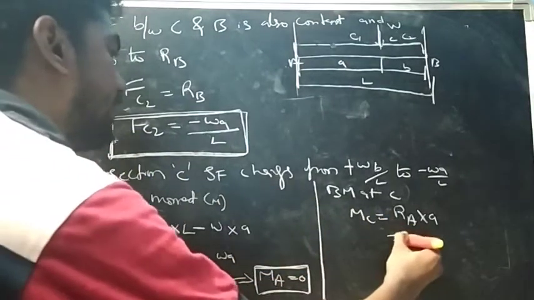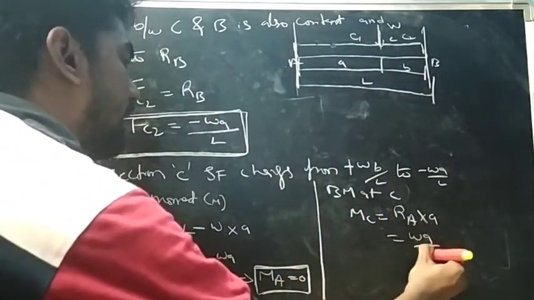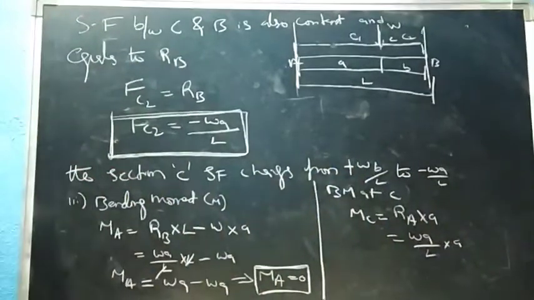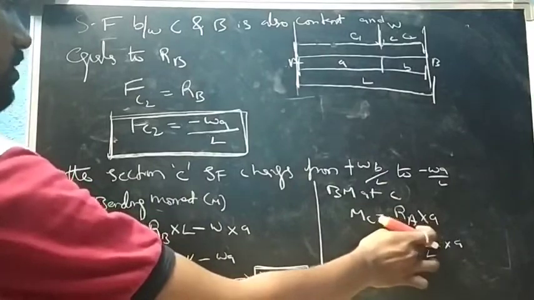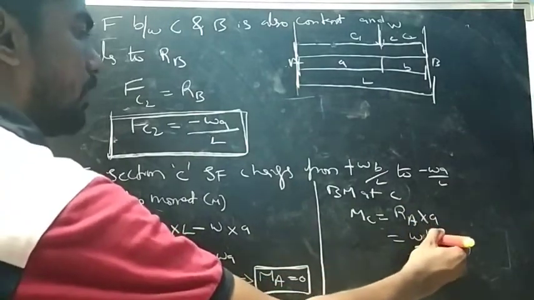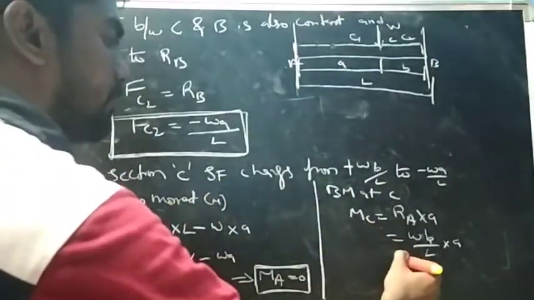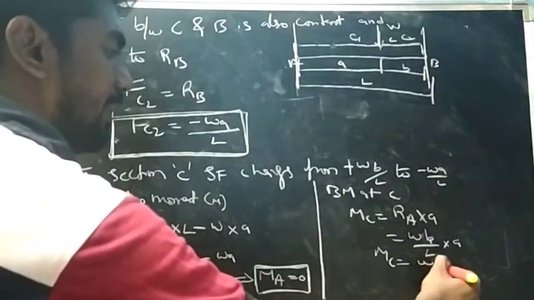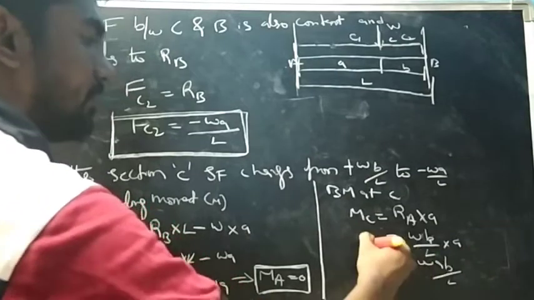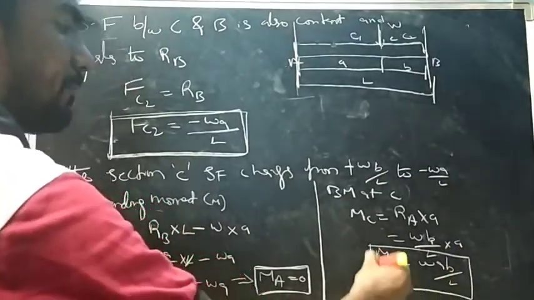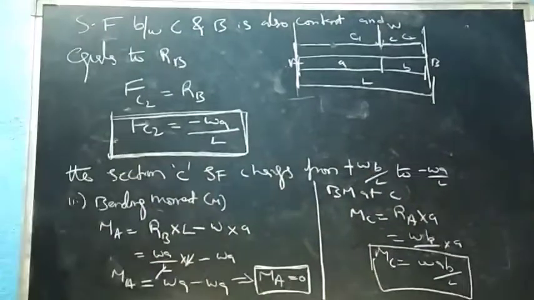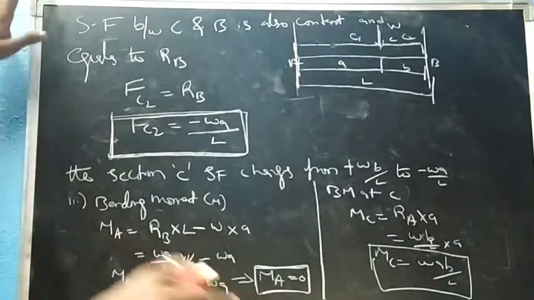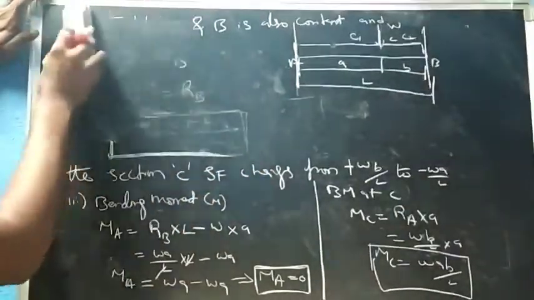We know that RA is nothing but, sorry, RA is WB upon L. So MC we got WAB upon L, right? WAB upon L. Clear?